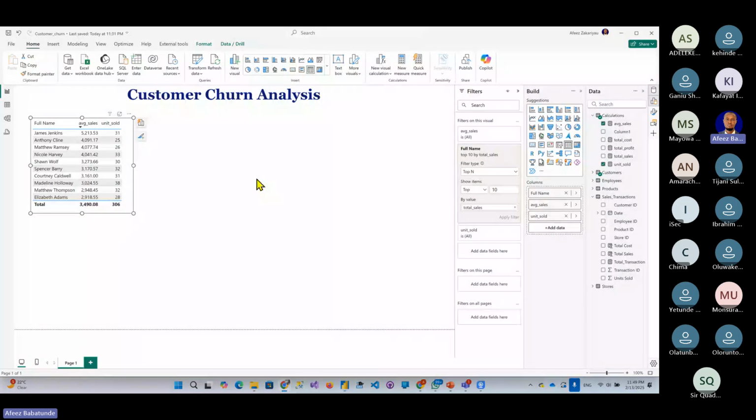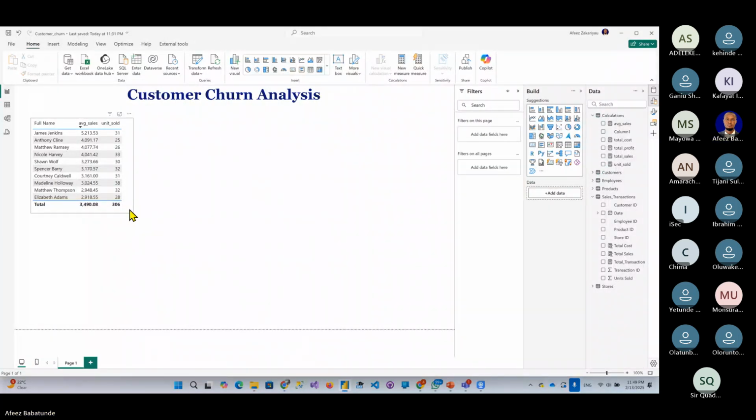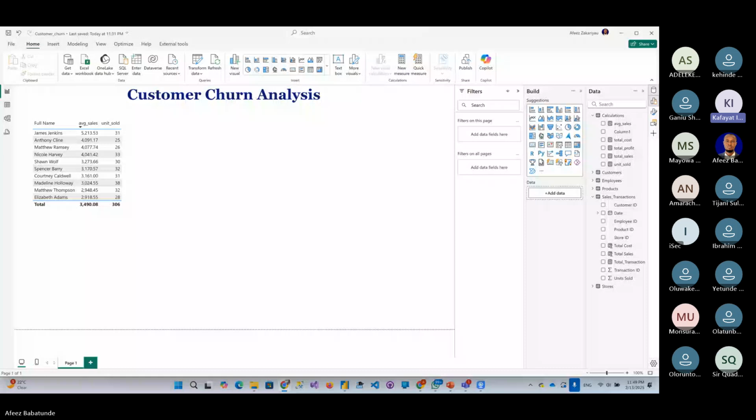Any other thing? What else are we looking at? Traffic. Yes, Afis. From the insights so far, we've checked frequency. At least we've compared the frequency with the average unit too.